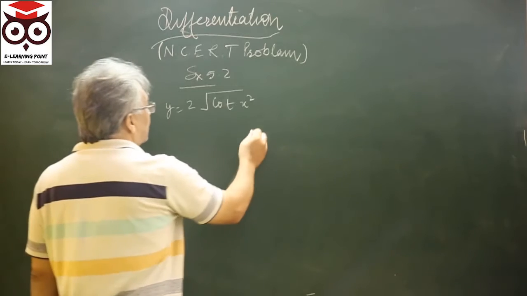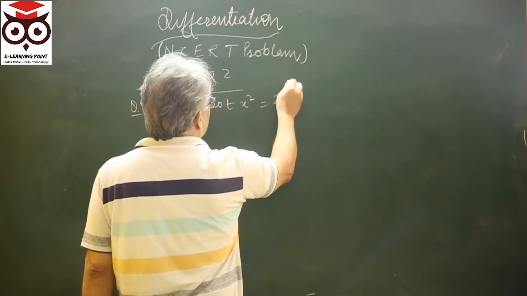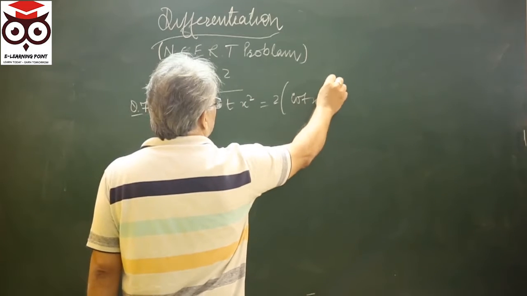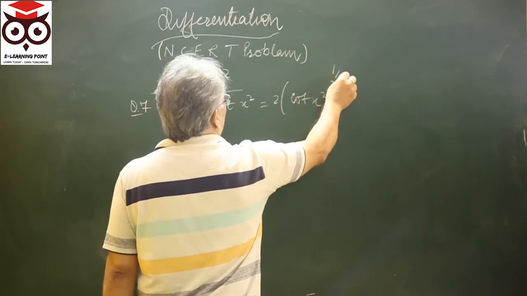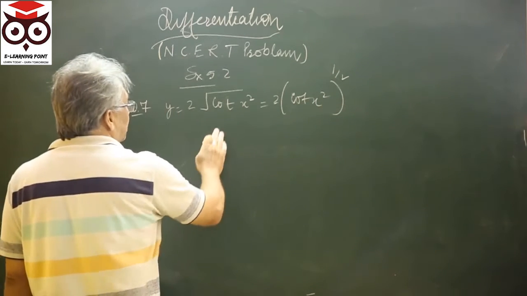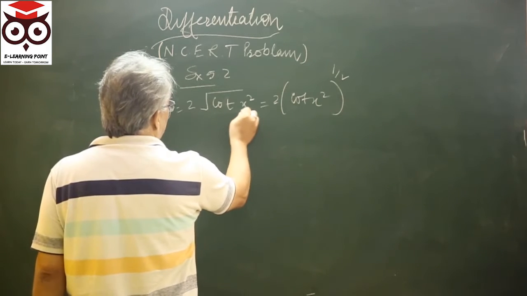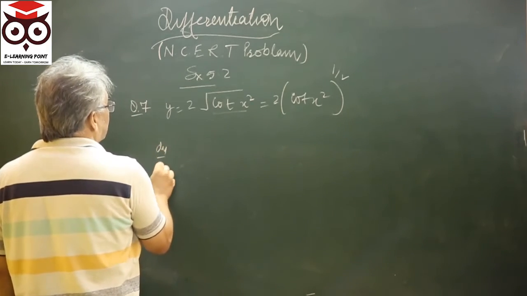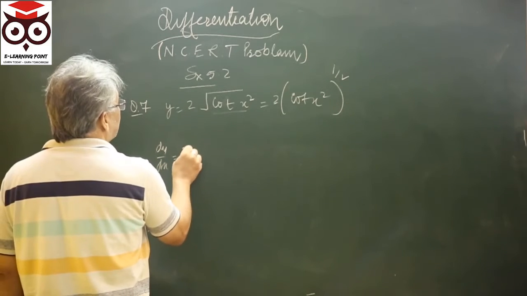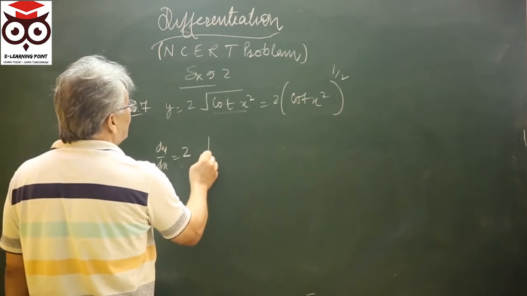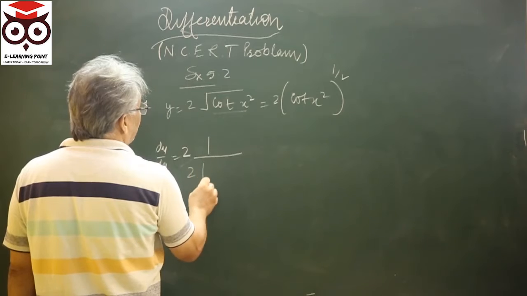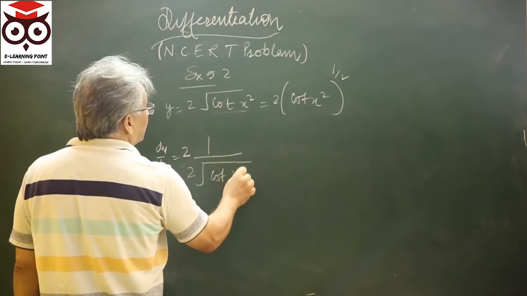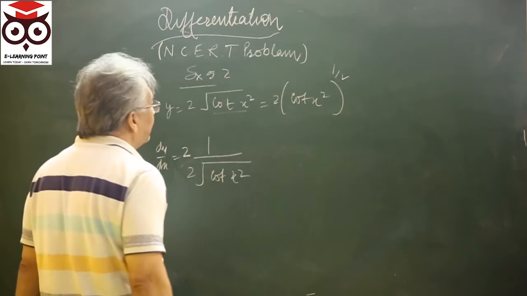So you can write it as 2 cot x square to the power half. तो मैंने आपको बताया था कि कहीं पर भी रूट में आ जाए तो आप उसको डायरेक्ट लिख सकते हो. 2 is a constant, it will come outside, so I will write down 2 root cot x square.